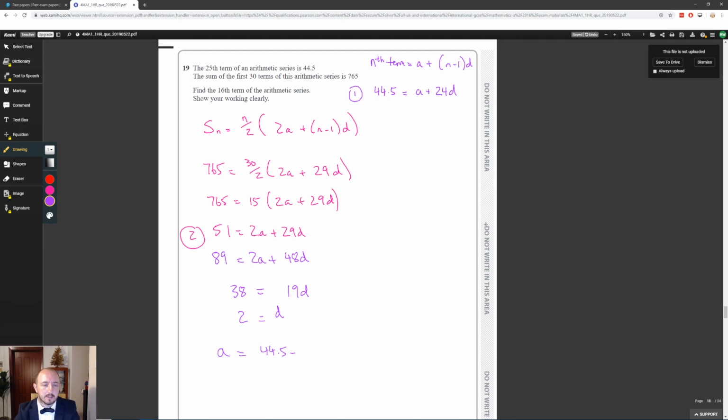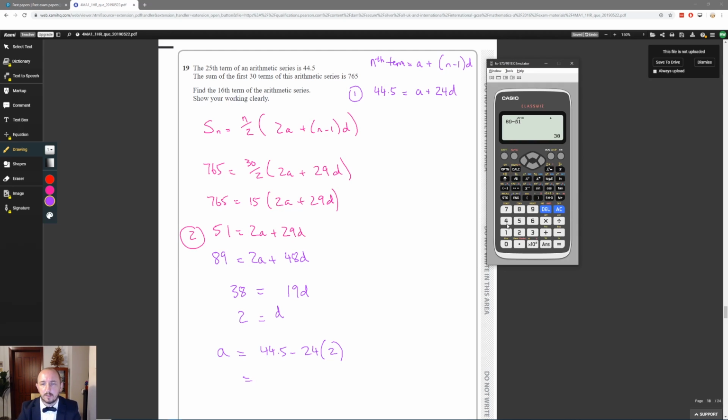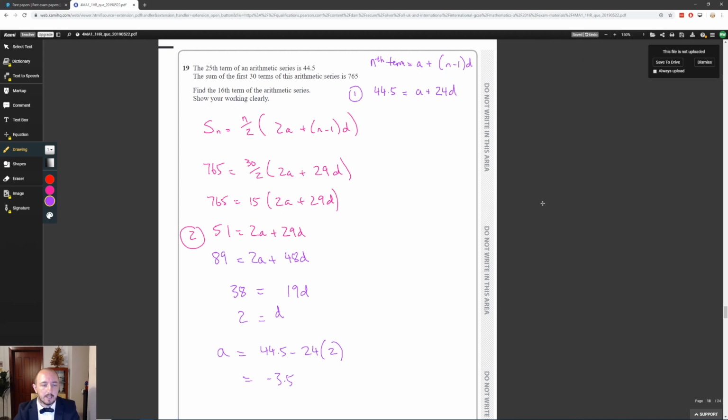And then a is equal to 44.5 minus 24 times d. So 44.5 minus 48 is minus 3.5. So we've now worked out a and d, and we can now find the 16th term.